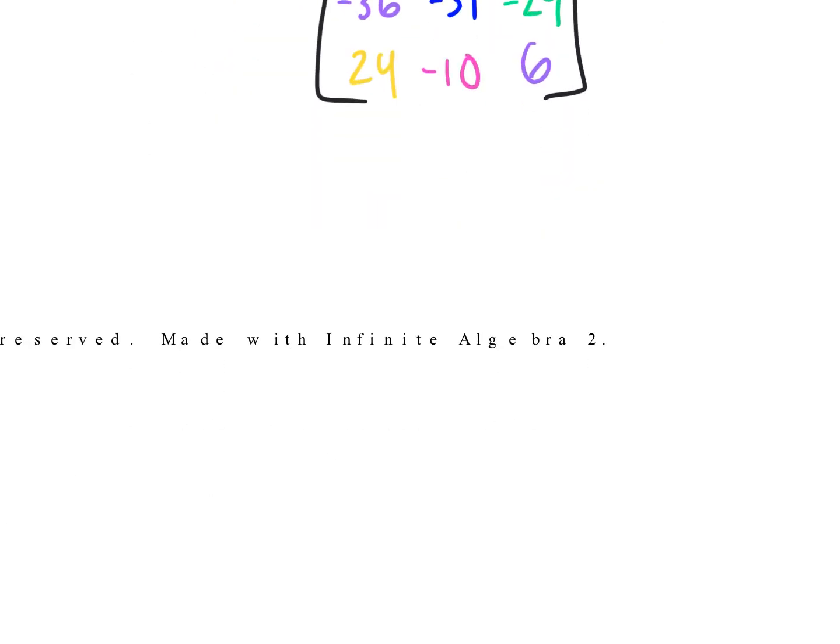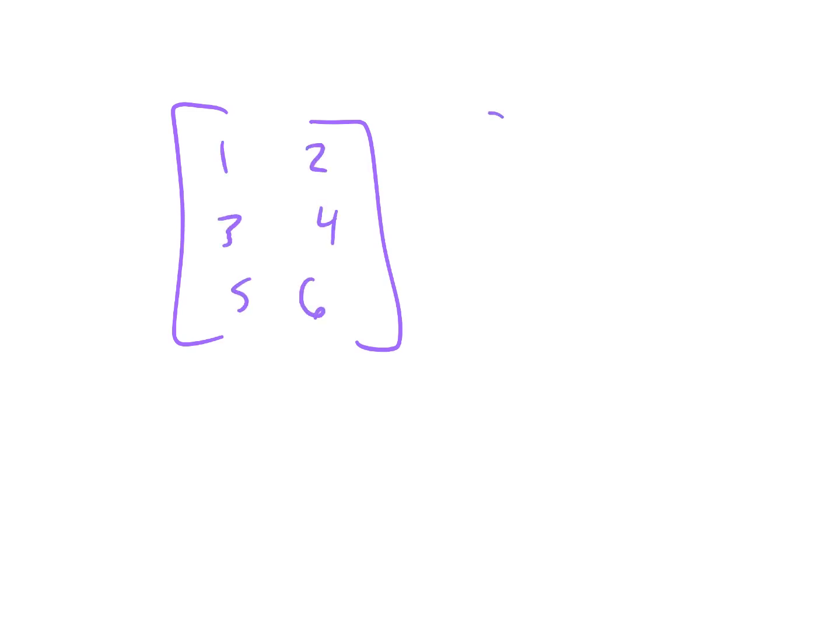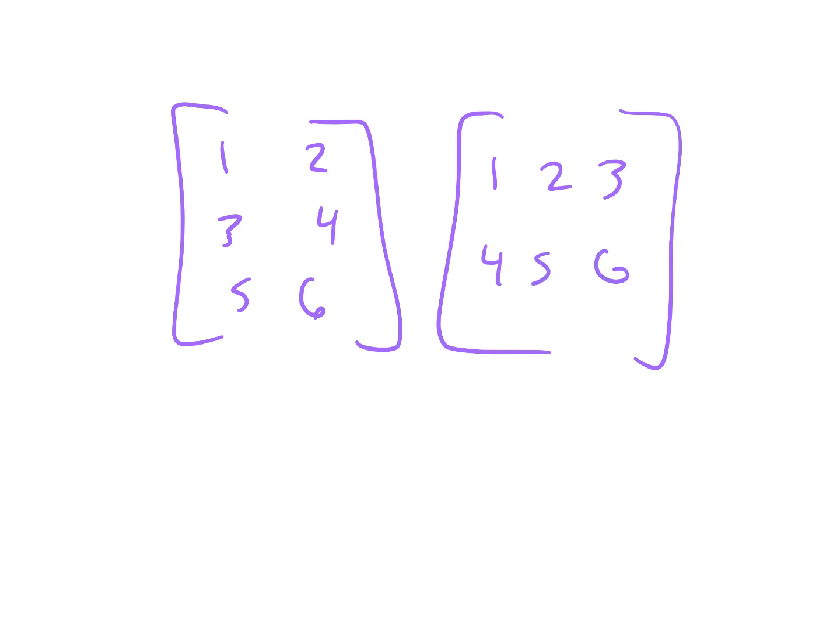Right. So let's do one down here. So what if I have 1, 2, 3, 4, 5, 6, and oops, I made them the same. What are the dimensions of my first one here?